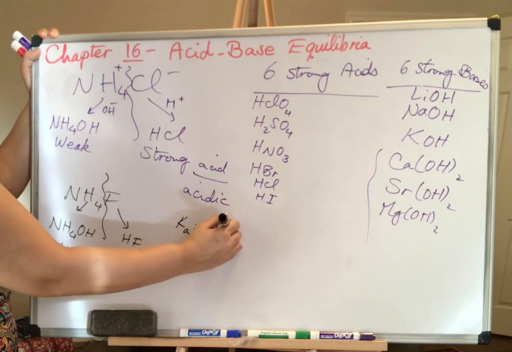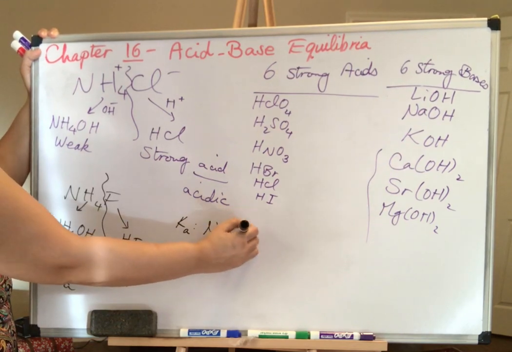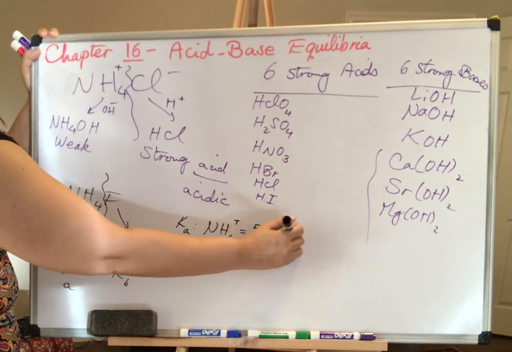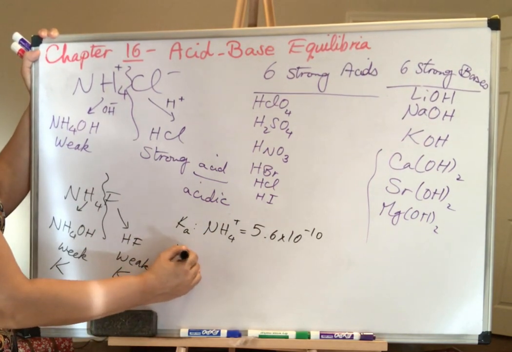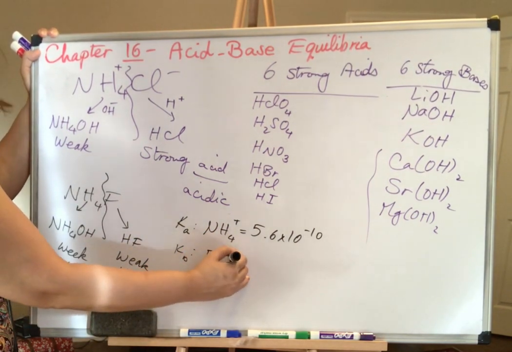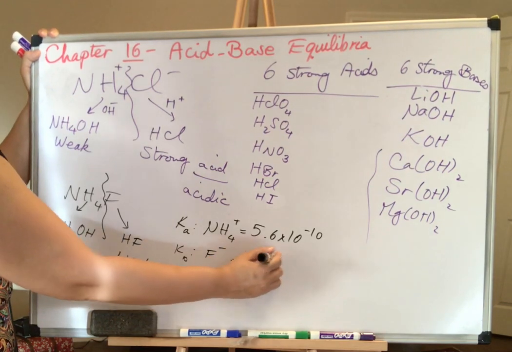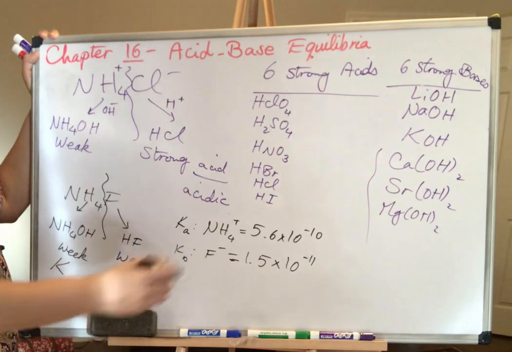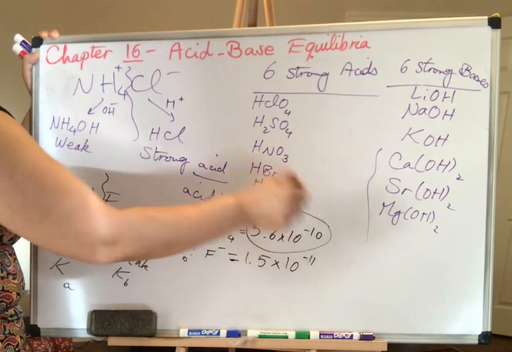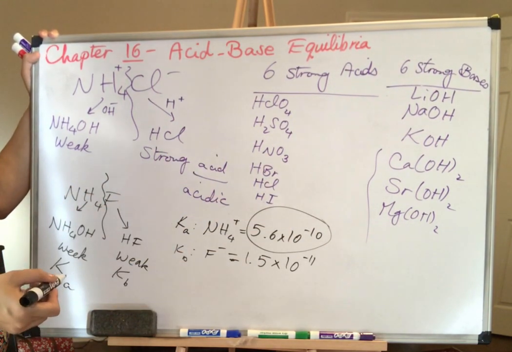Ka for NH4 is 5.6 times 10 to negative 10, and Kb for F negative is 1.5 times 10 to negative 11. Which one is larger? I'm sure you say the one that has a larger exponent.